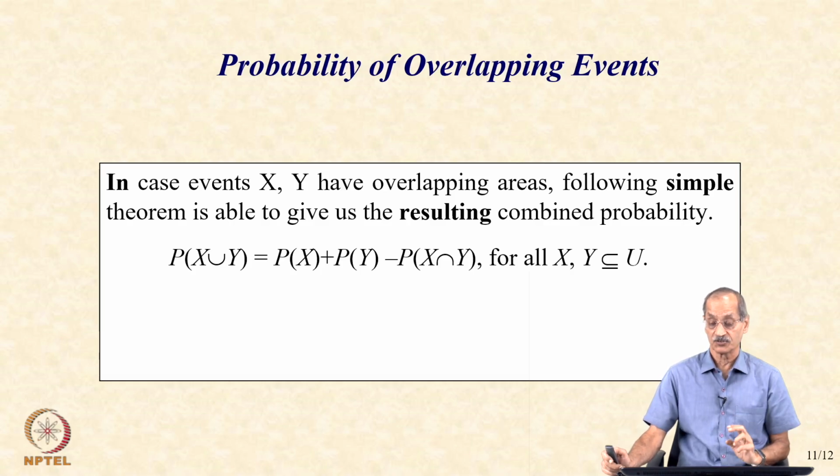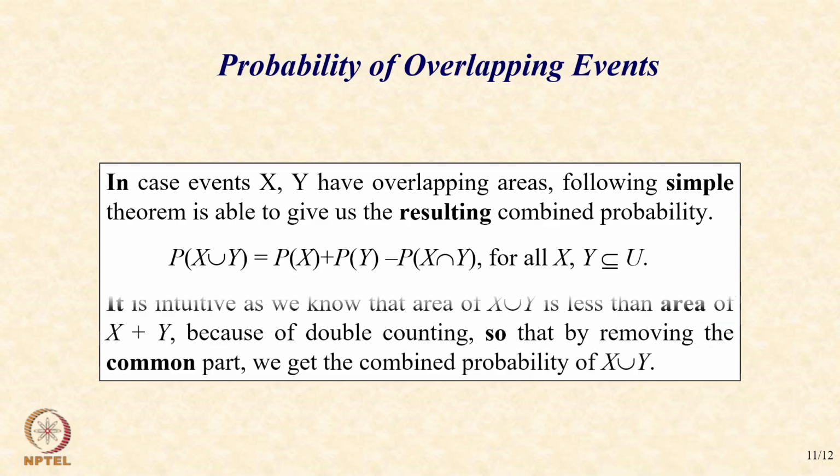If there are two evidences which are not independent, such as headache and fever, then you can say what is the combined probability that they will point to a particular hypothesis. You can get it from this probability of overlapping events. It is intuitive, as we know, that the area of X union Y is less than the area of X plus Y because of double counting.